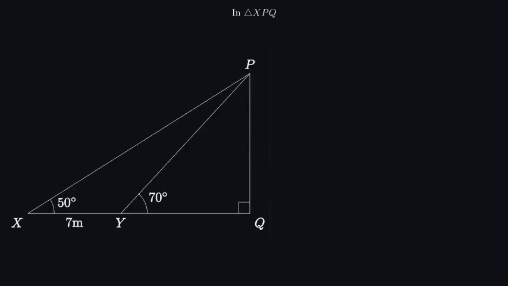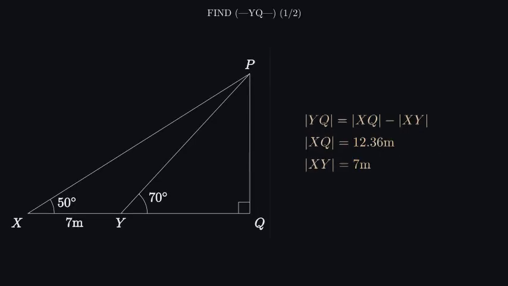We can now use the sine rule in triangle XPQ. The side, length of XQ, is opposite 40 degrees, and the side, length of XP, is opposite 90 degrees. So, length of XQ equals 12.36 meters. Now use the fact that Y is between X and Q. We have length of XQ equals 12.36 meters and length of XY equals 7 meters.